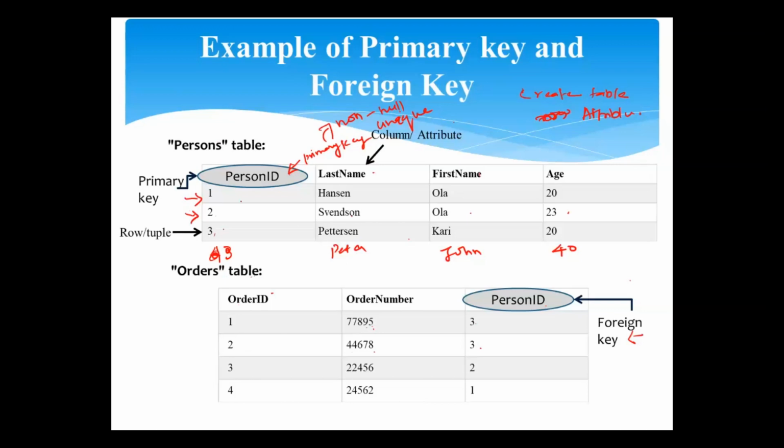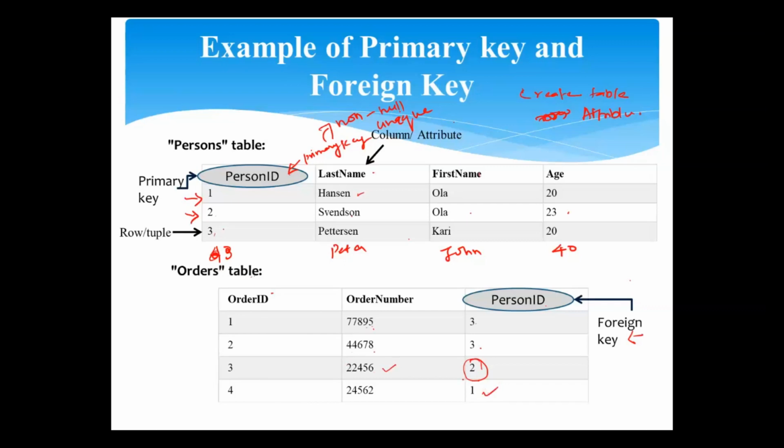We can say the person Svendson has made only one order, based on the person id, and person Hansen has likewise made only one order. So how am I relating it internally?